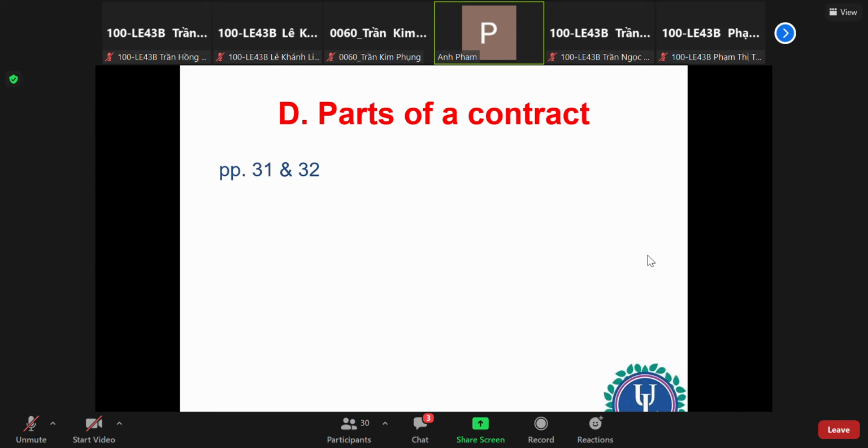And you can see that when drafting a contract, there are different ways to draft and to organize the contract, and you will have a chance to learn how to organize a contract later. But here, you can see that you can organize a contract from the very general provisions to the specific ones.